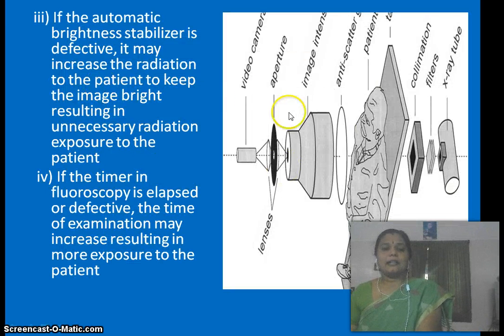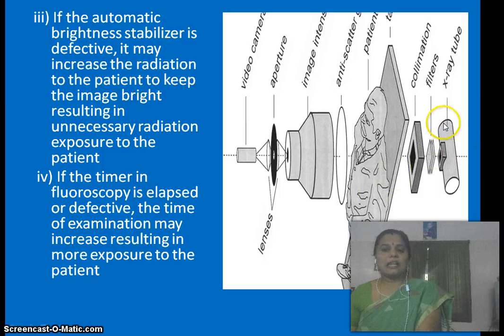And the third criterion in case of fluoroscopy is, if the brightness stabilizer is defective in the image intensifier, the technician may not be aware of this defect, and he may expose the radiation much larger than the normal amount. So in that case, the patient will be exposed to a larger amount of radiation.